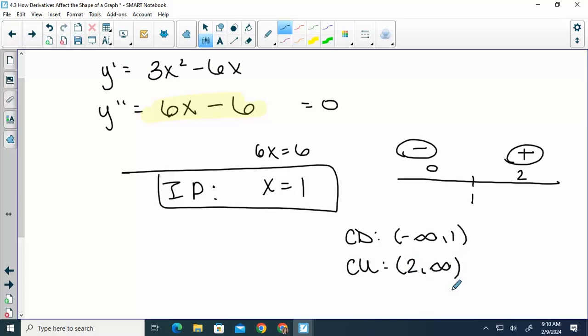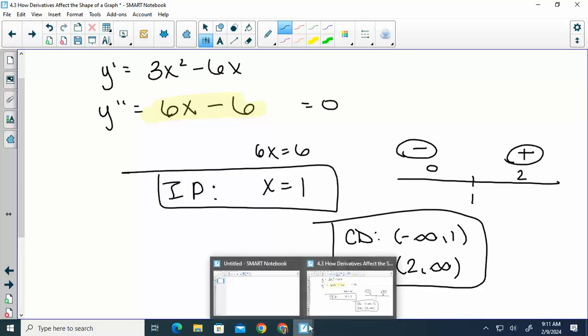So 2 to infinity. So it's exactly like what we did yesterday with maxes and mins, except you're doing it for the second derivative. So when we're looking at our sign line, you're plugging them into that second derivative here.